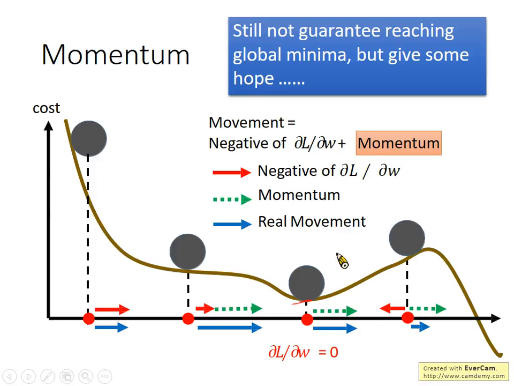So by implementing the momentum idea, we have a chance to find a better solution. However, we still don't guarantee reaching the global minimum, but it gives some hope. So this is another tip to avoid getting stuck at a local minimum.